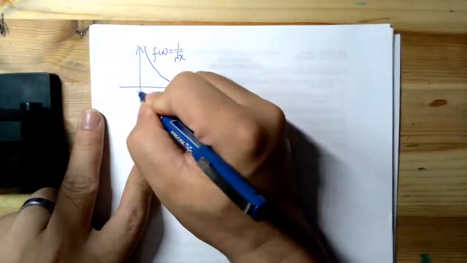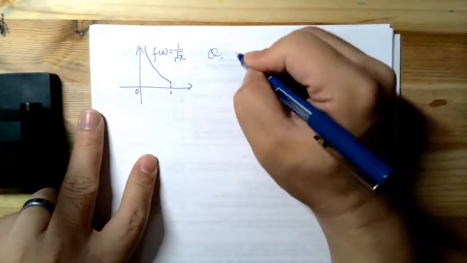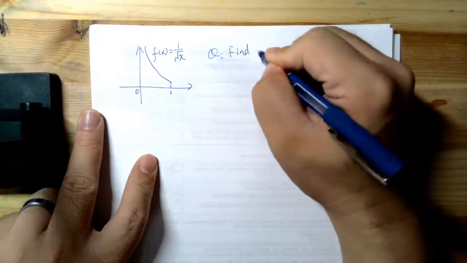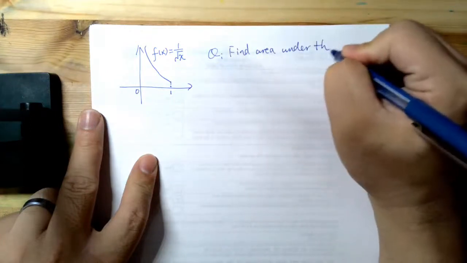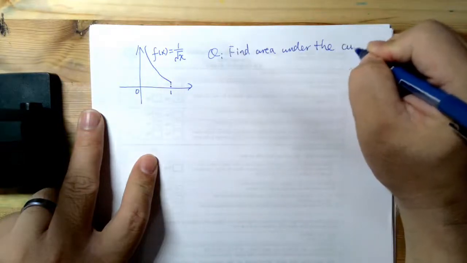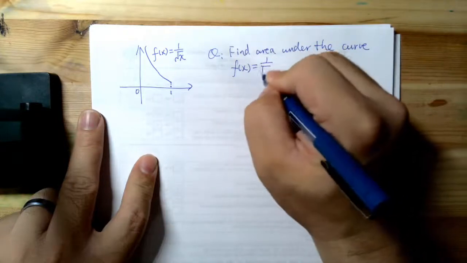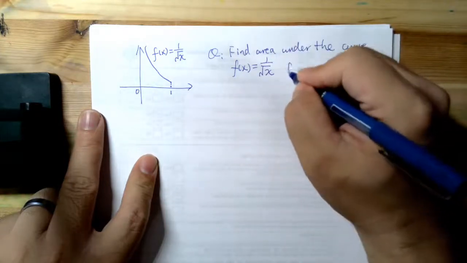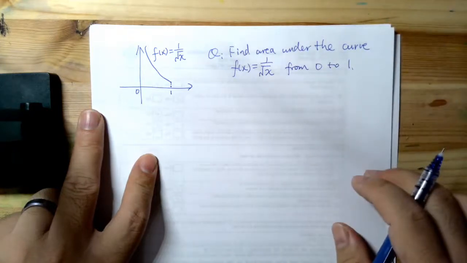Apparently this is the origin. So the question is: find the area under the curve f(x) equals 1 over square root of x from 0 to 1.